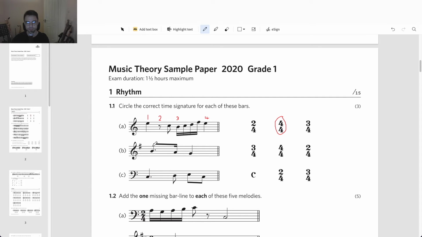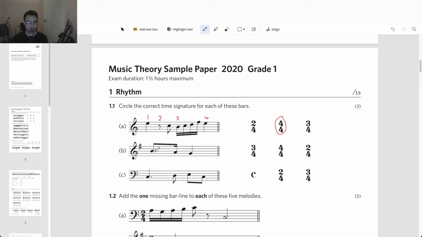Okay. Well, we've got a crotchet here at the end, but let's look at what's going on here. We've got a dotted quaver followed by a semiquaver. So this dotted quaver is worth 3 semiquavers because it's adding half of its value into it.